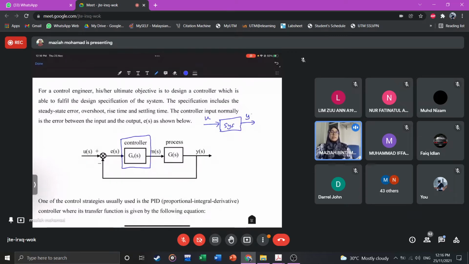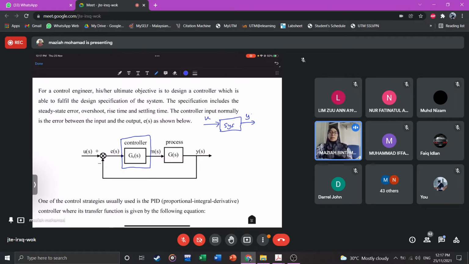Maybe you have traditional controllers like predictive controller, robust controller, adaptive controller. Or the simplest one that we're going to learn today is the PID controller, or just a simple gain controller. So there are many types of controller, but we're not going to learn them all.